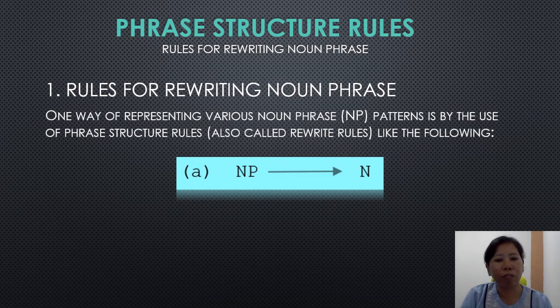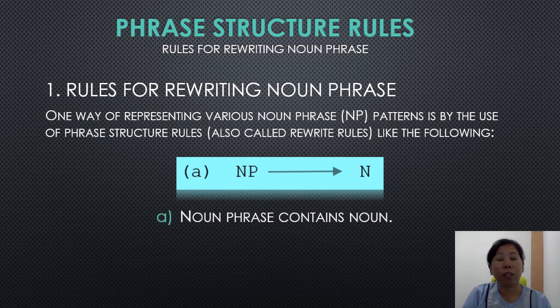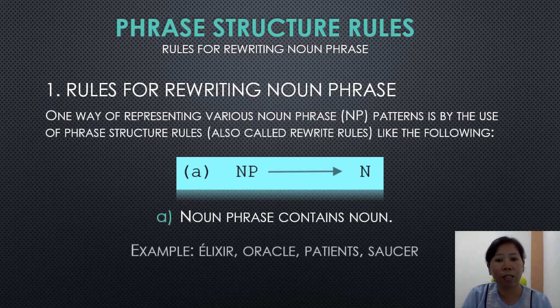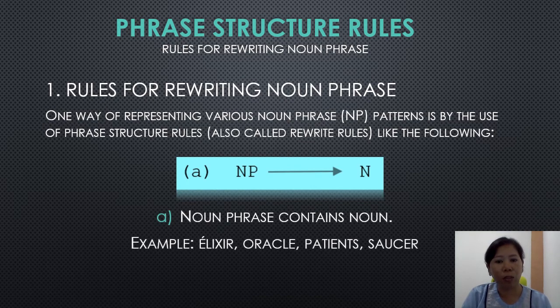One way of representing various noun phrase patterns is by the use of phrase structure rules. There are 5 phrase structure rules for rewriting a noun phrase. The first one says that a noun phrase contains nouns such as elixir, oracle, patience, saucer.